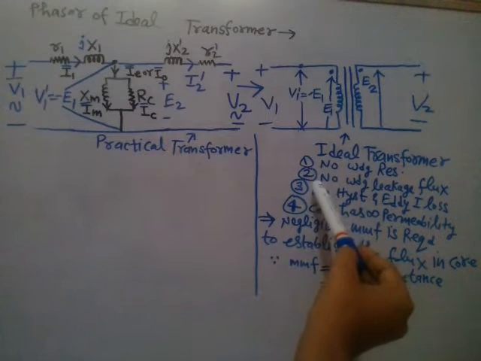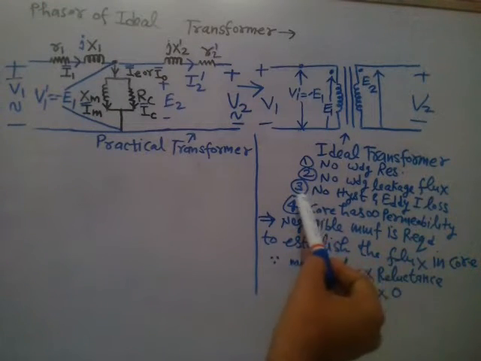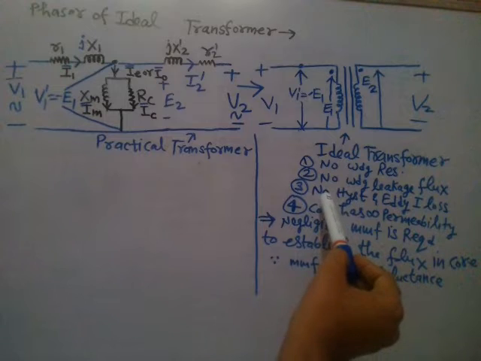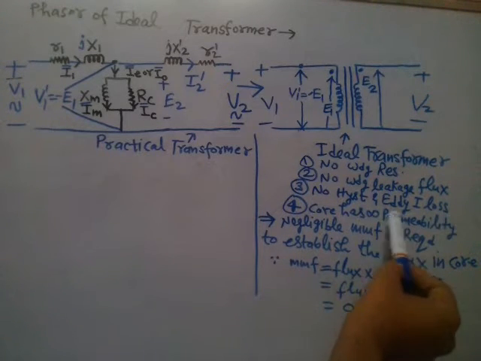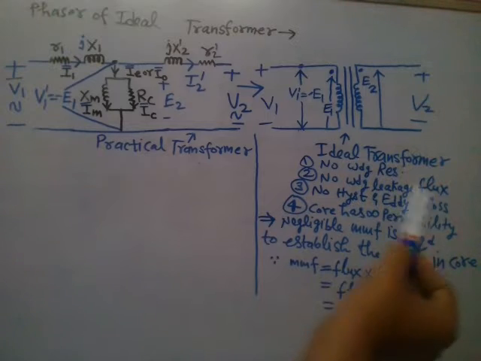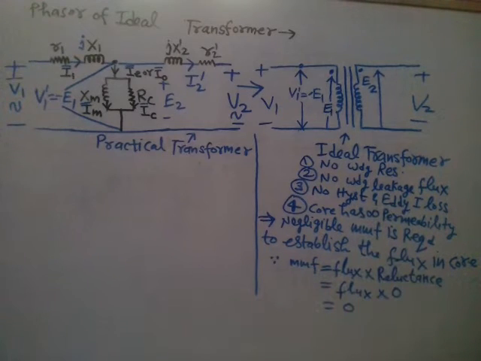Number two, there is no winding leakage flux. Number three, there is no hysteresis loss and no eddy current loss. Number four, it has a core of infinite permeability.